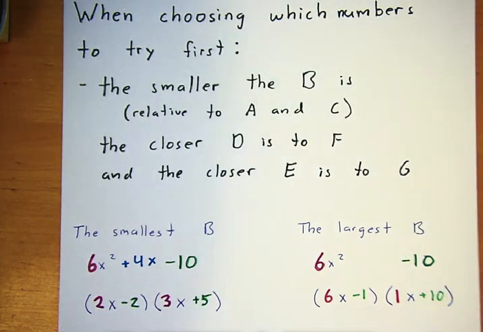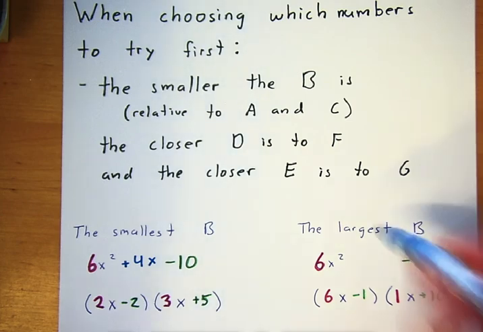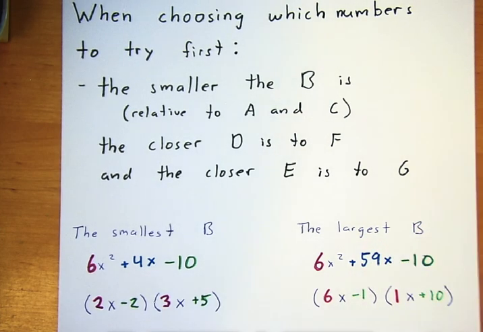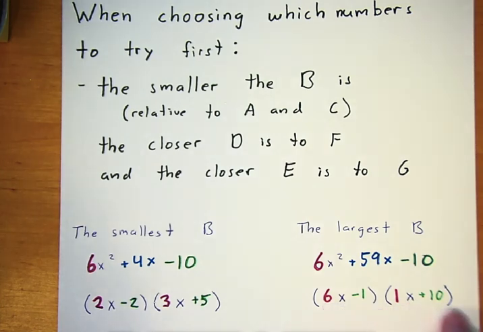If I multiply and simplify this, my middle term here will be plus 59x. And that is the largest b I can get using integer values here.